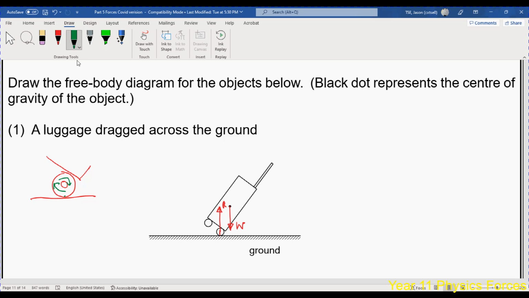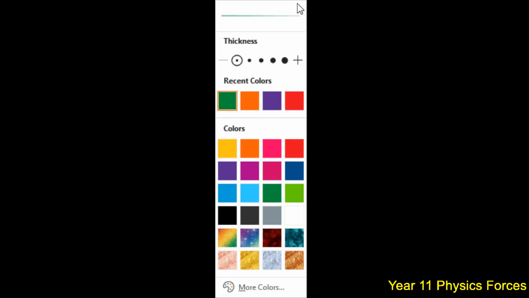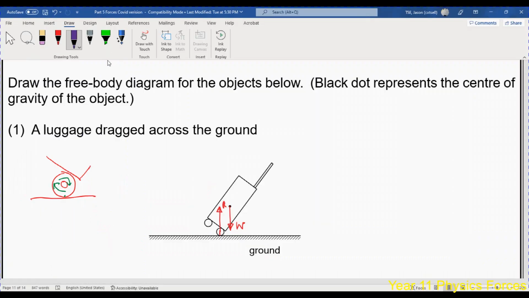Because it's rolling like that, the friction actually becomes forward. So I should draw a forward friction here.